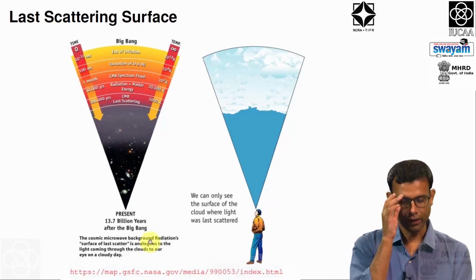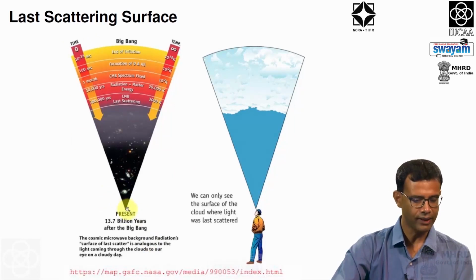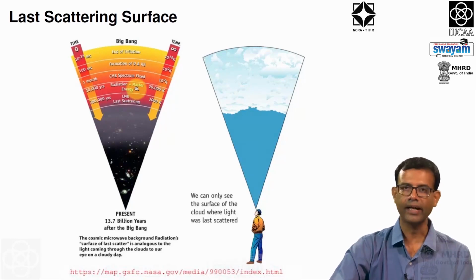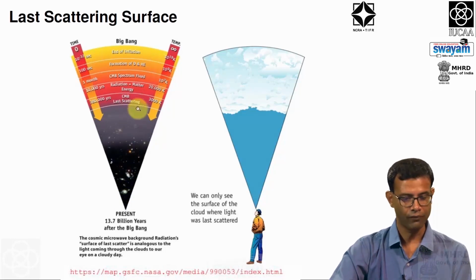To understand that, look at this evolution of the universe. This is at present, and suppose we are looking into the past. At very early times the Big Bang happened, then inflation, then formation of nuclei and so on, and until some point the photons were getting scattered off the rest of the matter. Once you form atoms, the photons are not getting scattered and would have come to us directly from there without much interaction.